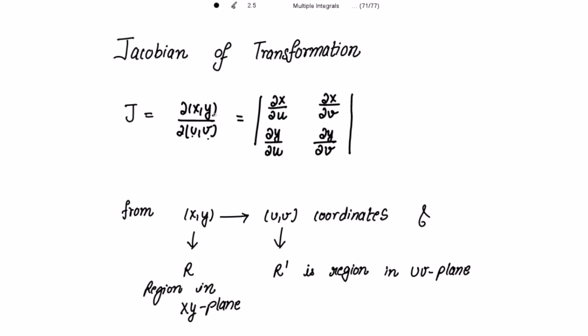Then for y, curly y over curly u and then curly y over curly v. So this J is the Jacobian of transformation from x, y to u, v coordinates, and R dash is the region in the uv plane which corresponds to the region R in the xy plane.